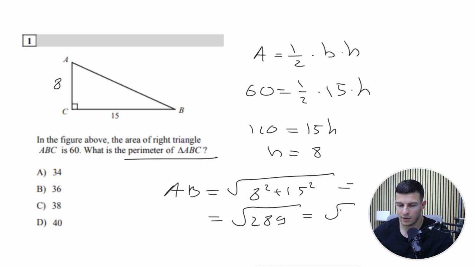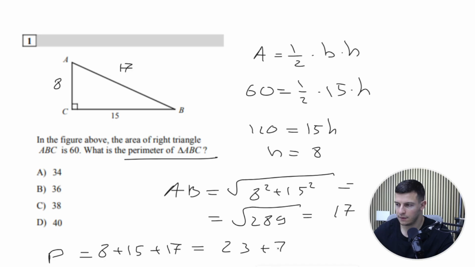That's going to be just 17. We're lucky we got a good number here. So the perimeter is equal to 8 plus 15 plus 17. And that's going to be 23 plus 17, which is 40.